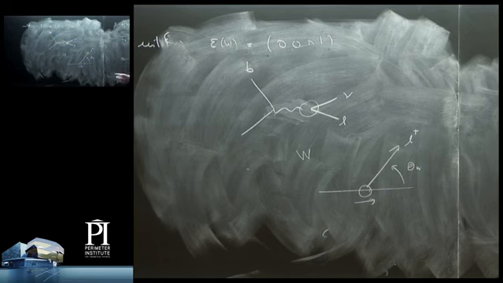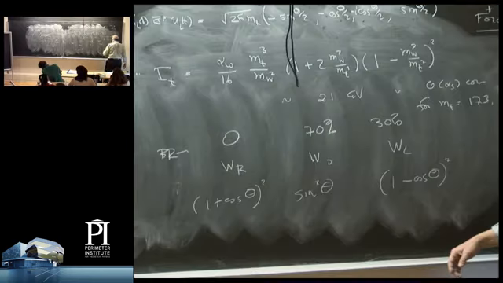So if the W is right-handed, the lepton is right-handed, it tends to go forward. It's one of these spin 1 processes. So this distribution is 1 plus cosine theta squared. This distribution is 1 minus cosine theta squared. And this distribution, it turns out, is sine squared theta.